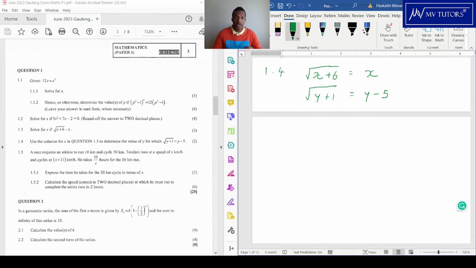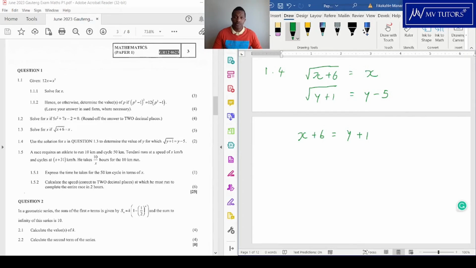It's the same thing. Therefore, I can either say x plus 6 is now equals to y plus 1. If the solutions are the same, that means the things under the square root are also the same, which means just taking the things under the square root will give us the answer.